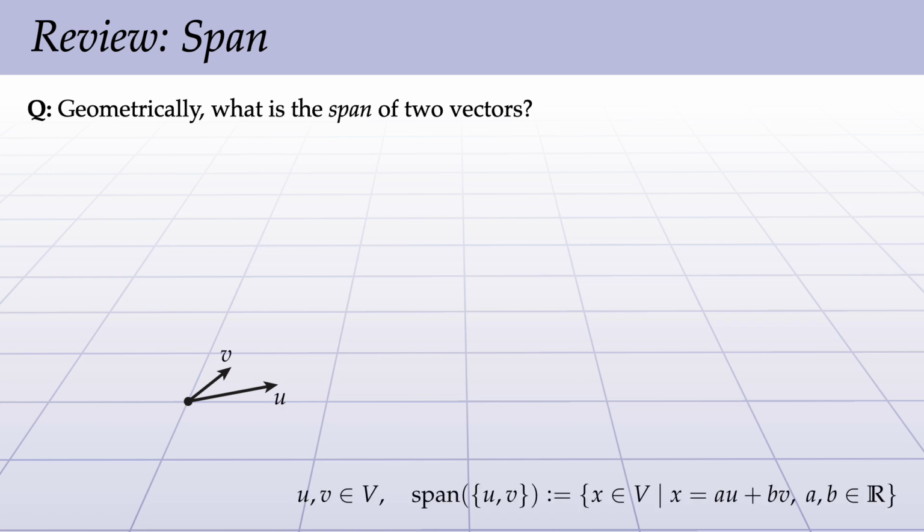So more precisely, if u and v are elements of a vector space capital V, then the span of u and v is all the vectors x in V that can be written as au plus bv for constants a and b.